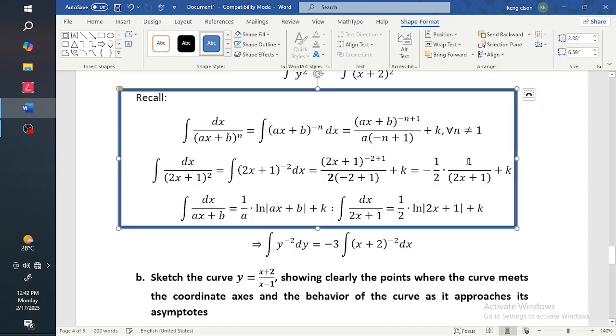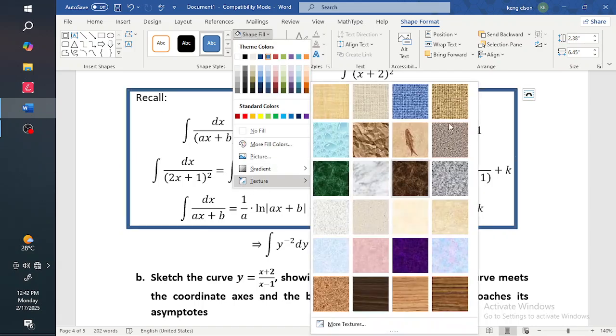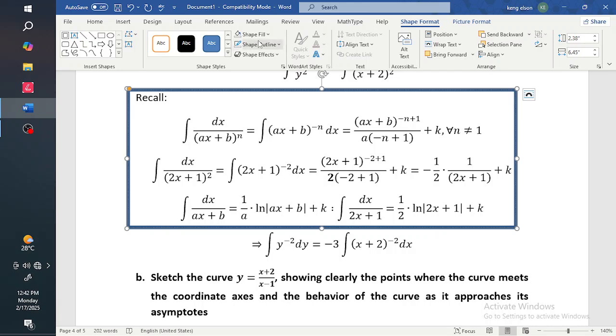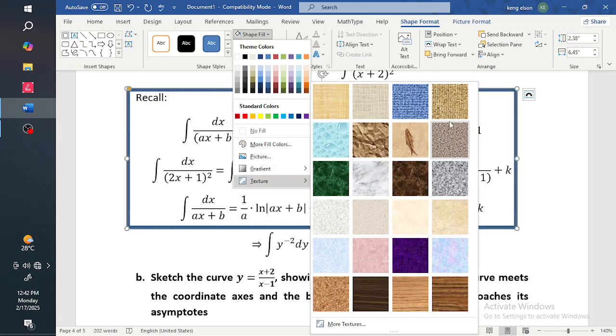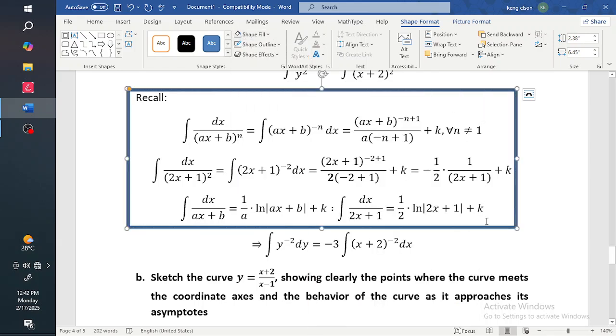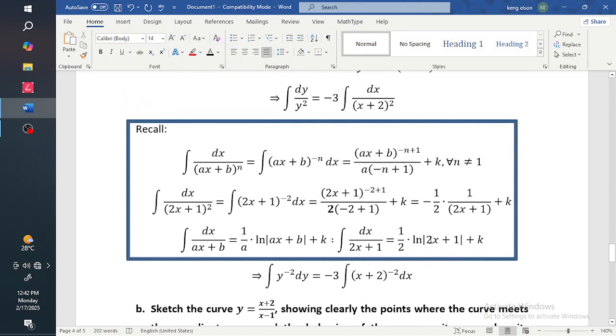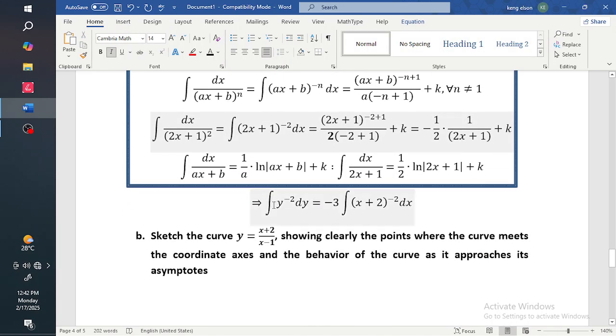We continue solving from where we ended. The next thing to do: we have rewritten this as this.